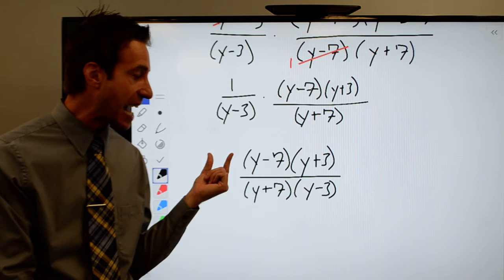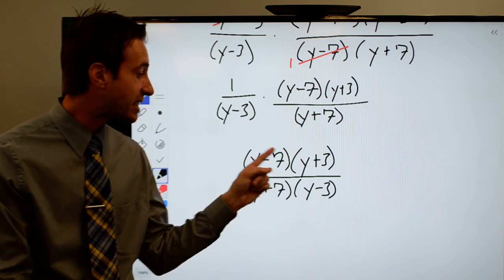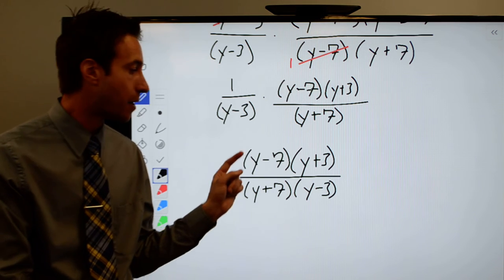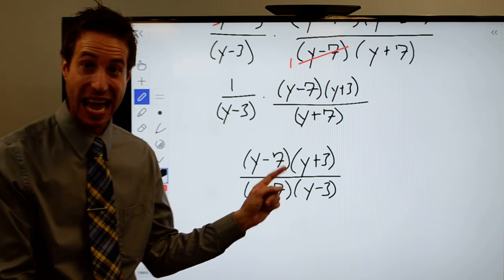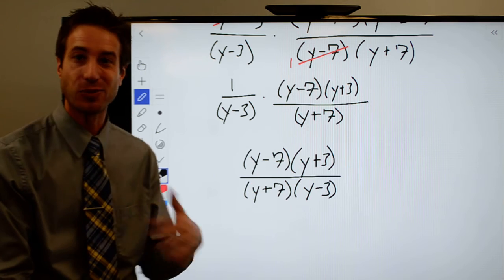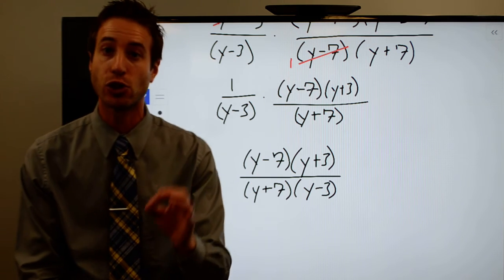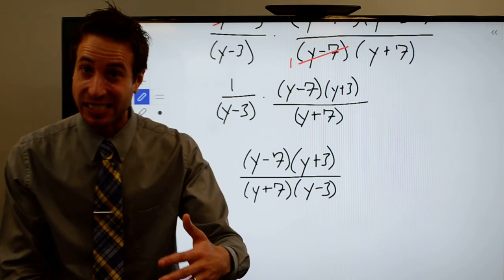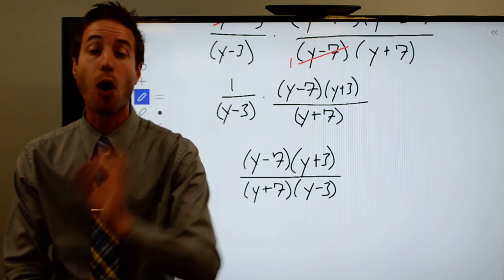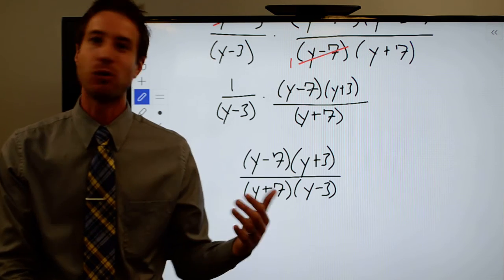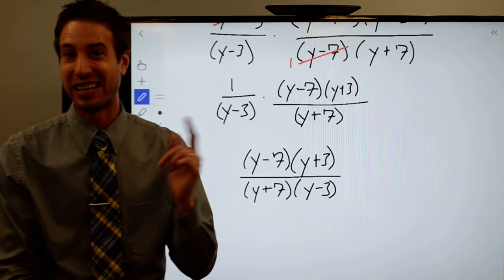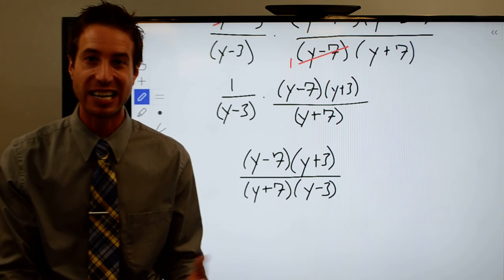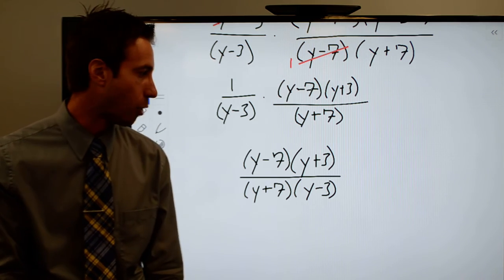If I pull a negative out of this guy, yes, that 7 will become positive, but the y will become negative. I'll have a minus y and a plus y. They still won't cancel. So while in many cases pulling out a -1 will help, it won't always do the trick for you. And this is one of those cases where pulling out a -1 actually doesn't help us any.